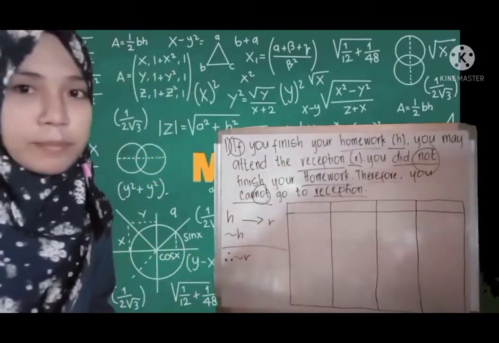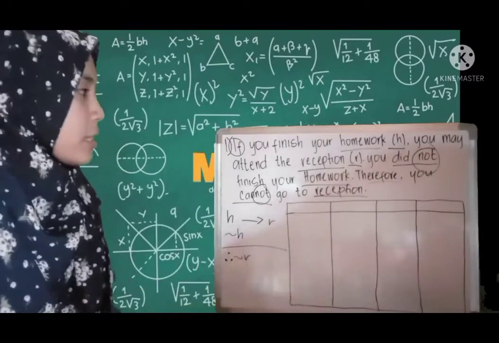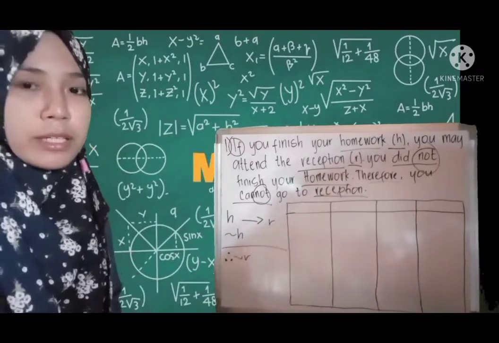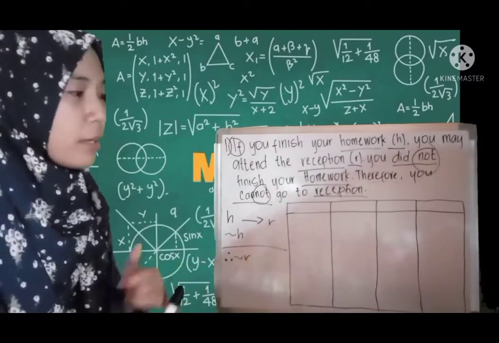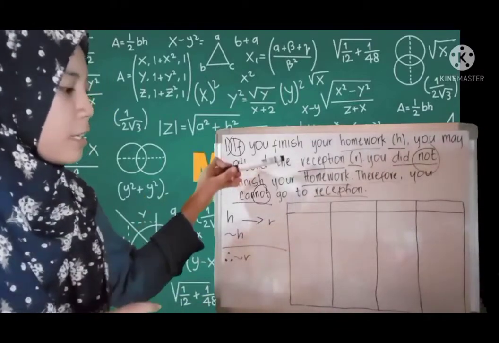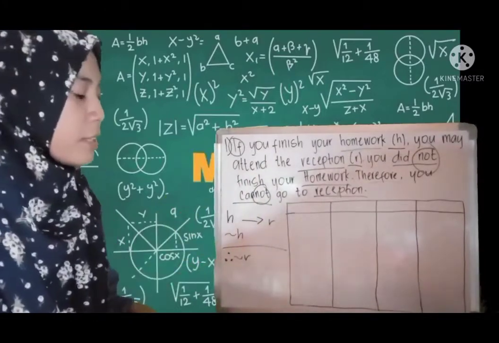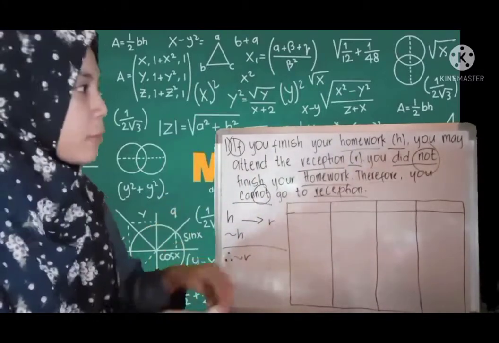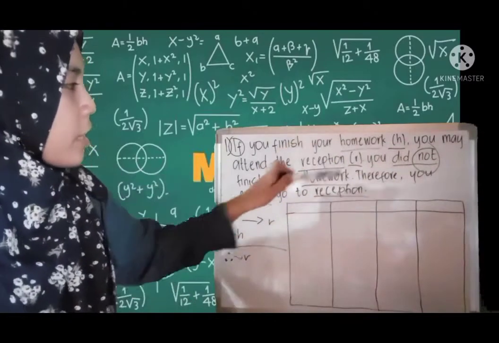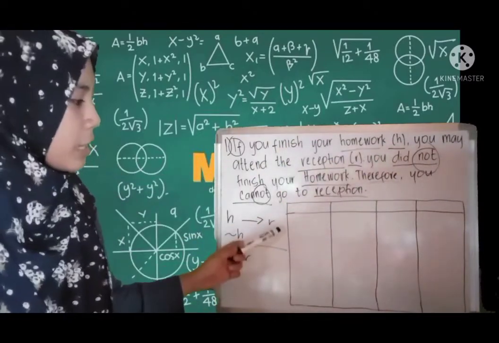So, ngayon, aalamin natin kung paano gamitin yung table na to. So, we must know na pag ang ginamit nating statement is dalawa lang, which is the H and R, apat na row lang yung gagamitin natin.